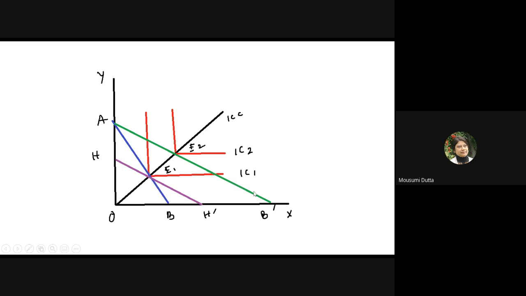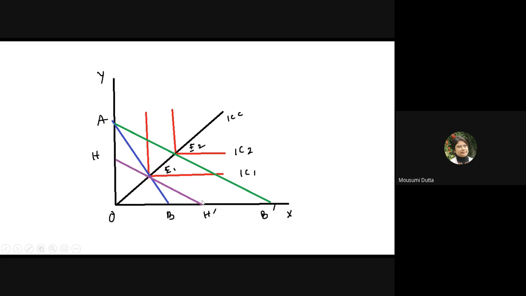As price is falling, M by P1 is increasing, and for that matter, consumption of the commodities will increase. However, because of change in price only, if I cut down the increase in income, there will be no change in the consumption pattern.